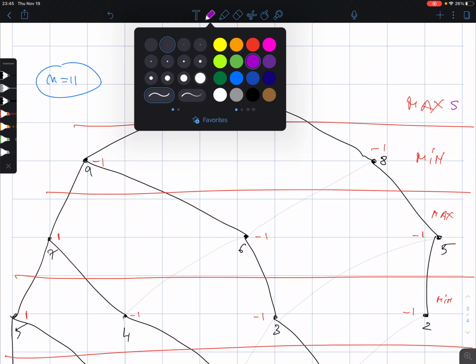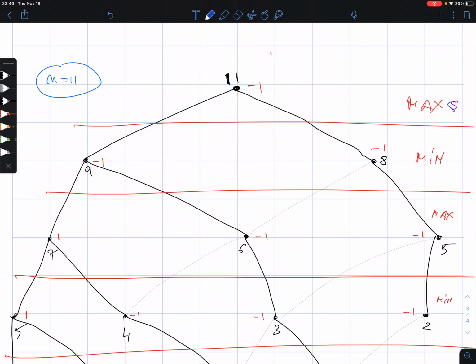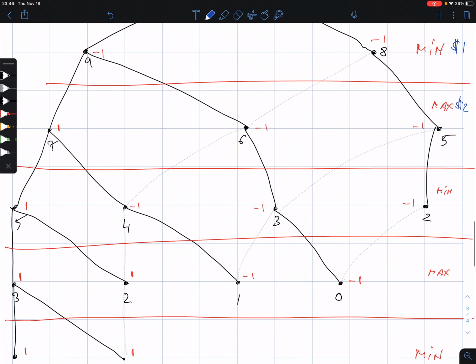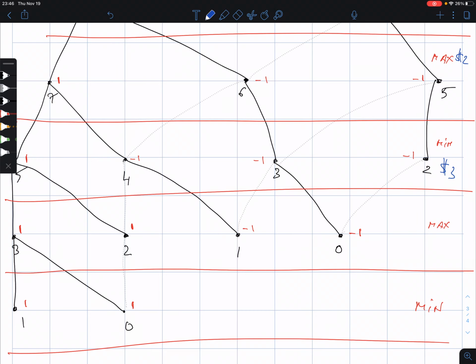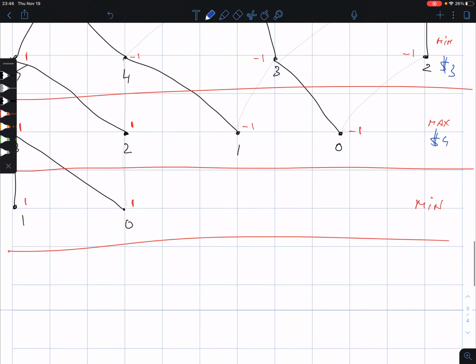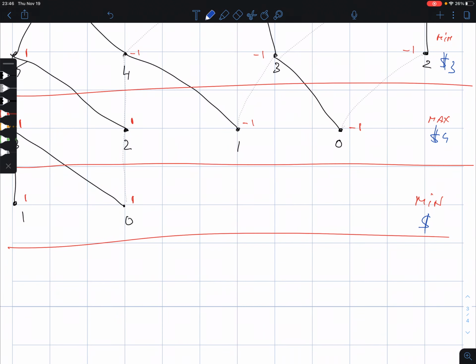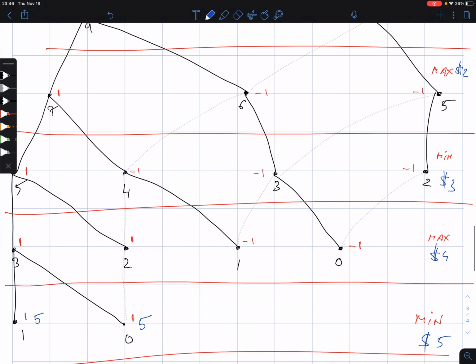Let's do it in blue, okay? The payoff was $0. Here the payoff was 1. $2, $3, $4, and this is $5. So if Max would get here, he would get $5 for both of these situations. Both situations would yield him $5.